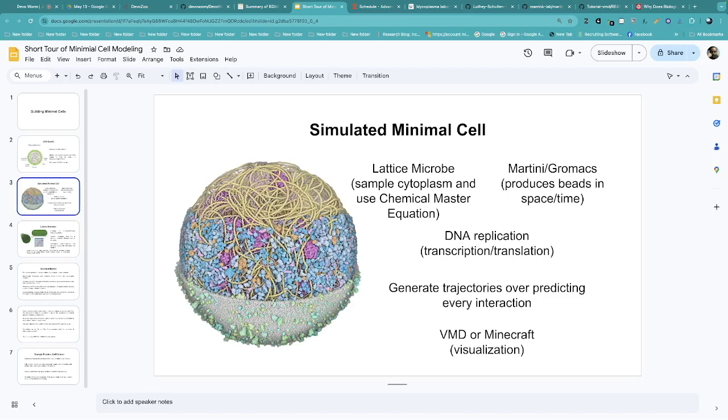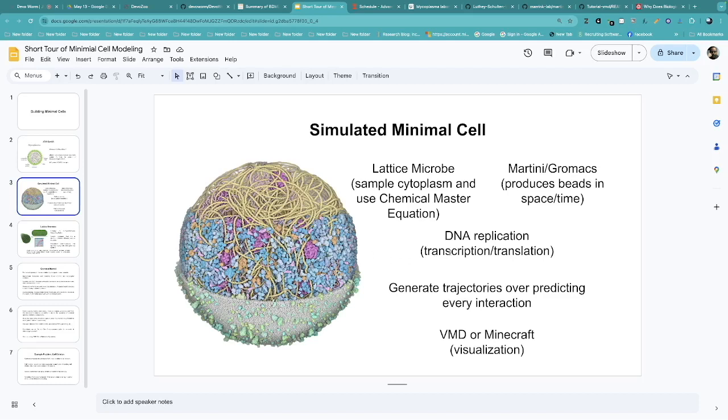And you can do that with lattice microbes, or you can use this Gromacs package where you produce beads, which are these little coarse-grained volumes of this space. And inside the volume, it's almost like a voxel in neuroimaging, where you have things inside that volume, different chemical reactions, different atomistic reactions, and that's how you would represent what's going on in the cell.